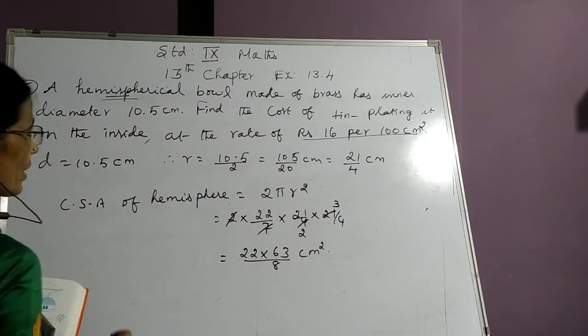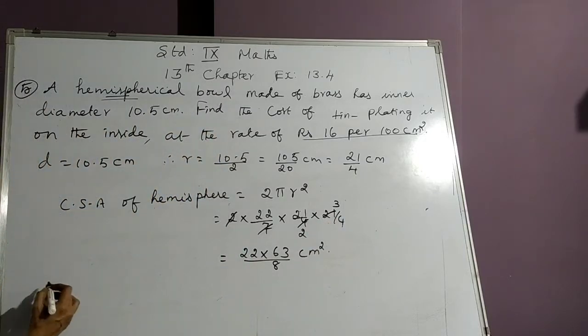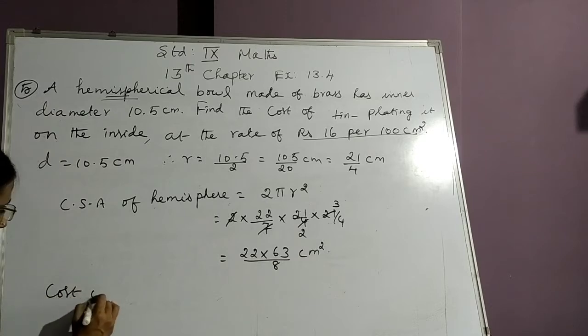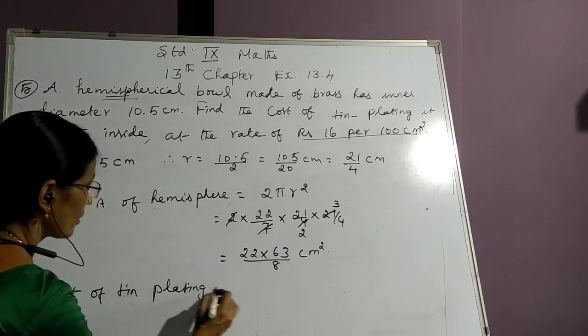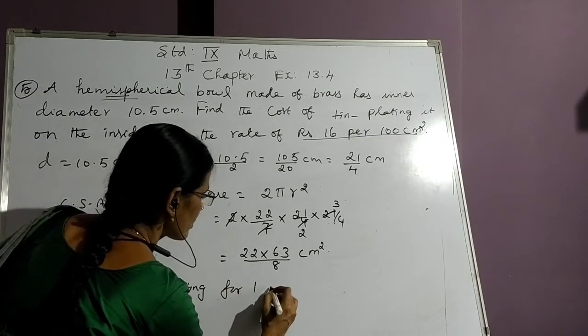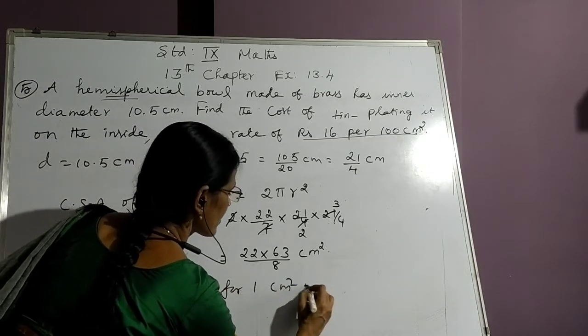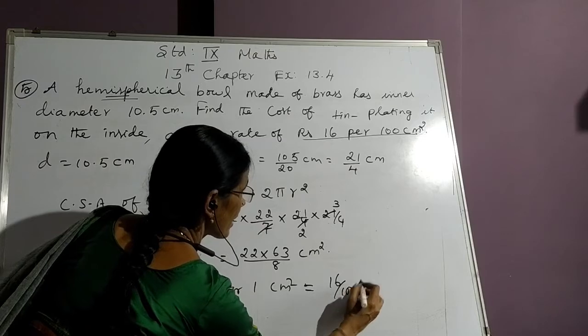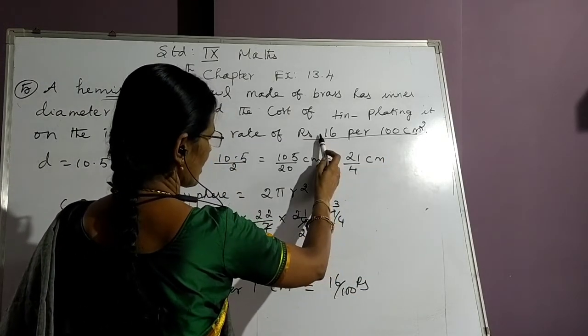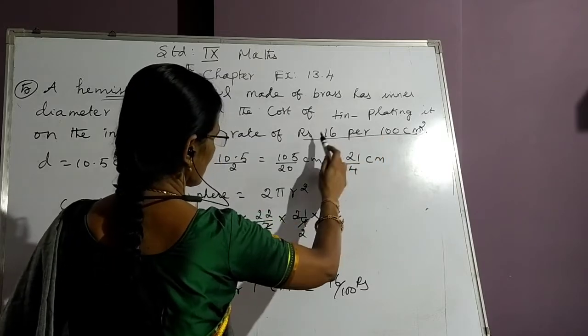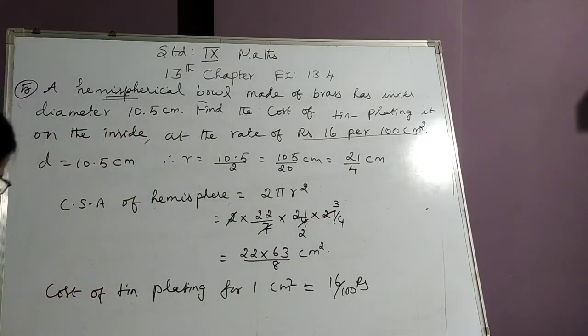But we are asked to find out cost of tin plating. Cost of tin plating for 1 centimeter square is 16 upon 100 rupees. Because for 100 it is rupees 16. Therefore, for 1 square centimeter it is 16 upon 100.